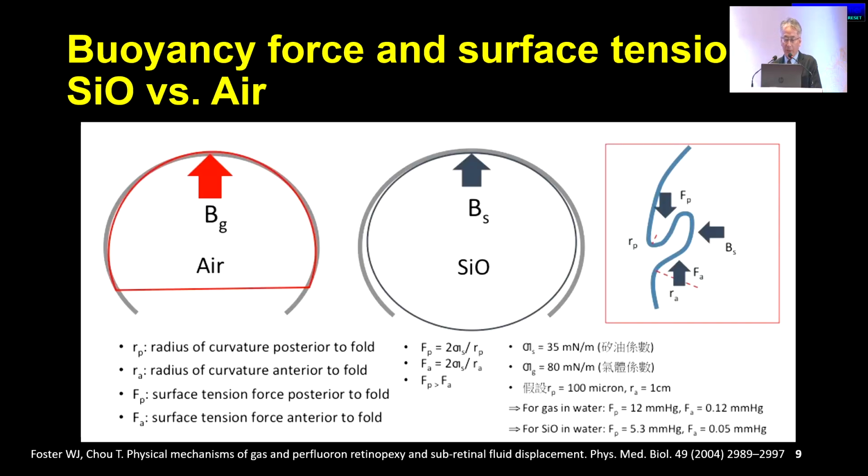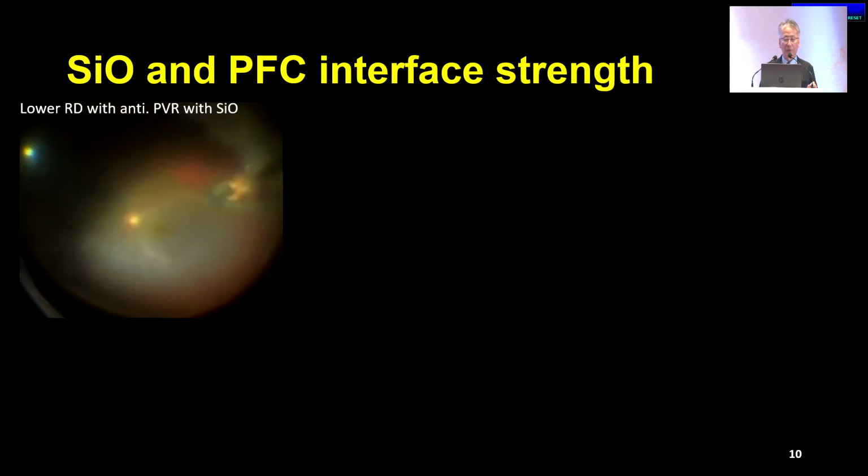The fold depends on the force posterior to the fold, the force anterior to the fold, and also the buoyancy. Because silicone oil has less force and less buoyancy, you get a less severe retinal fold. So in a case where you see the fold, you can probably change to silicone oil.